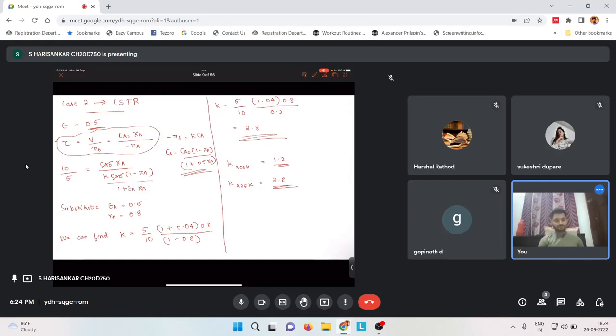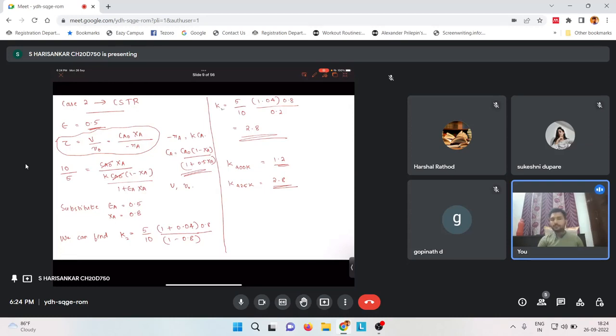Now substitute it and substitute all the other values as well. So we have the values for V, we have the values for nu 0. So substitute all these values and rearrange it, and we will have K equal to 5 by 10 into 1.04 into 0.8 by 0.2, and this is basically K2 for CSTR.